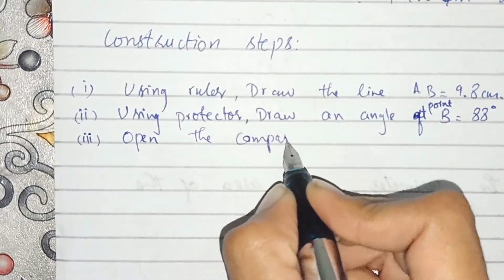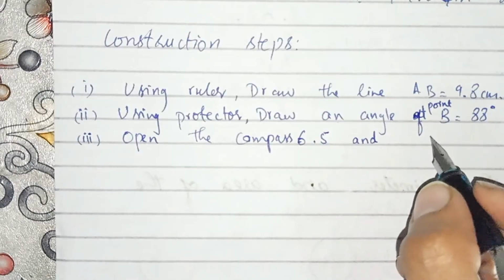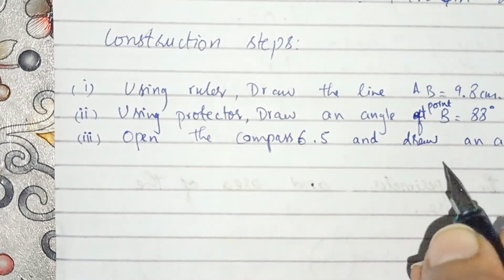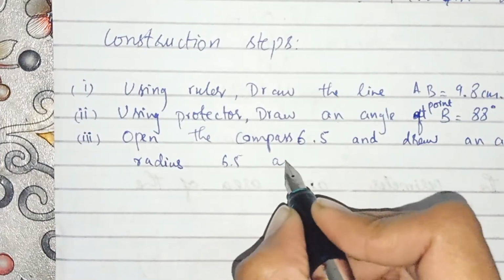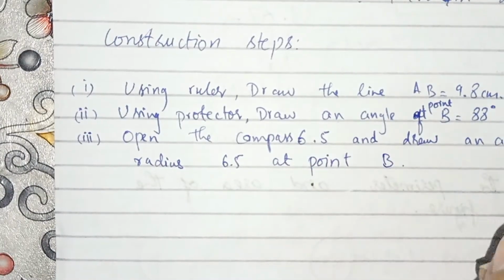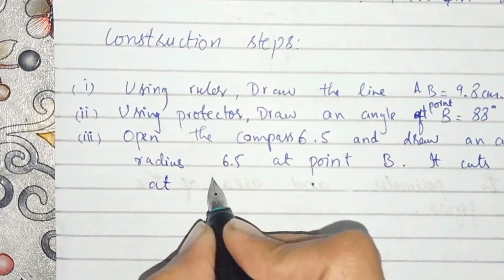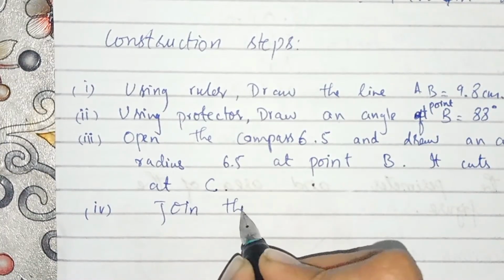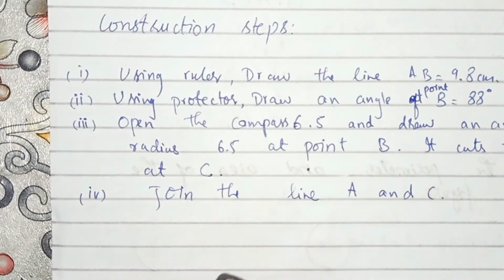and open the compass at 6.5 and draw an arc of radius 6.5 at point B. It cuts the line at point C. Join the line A and C. We have done these steps in this question, and then we get the required triangle.